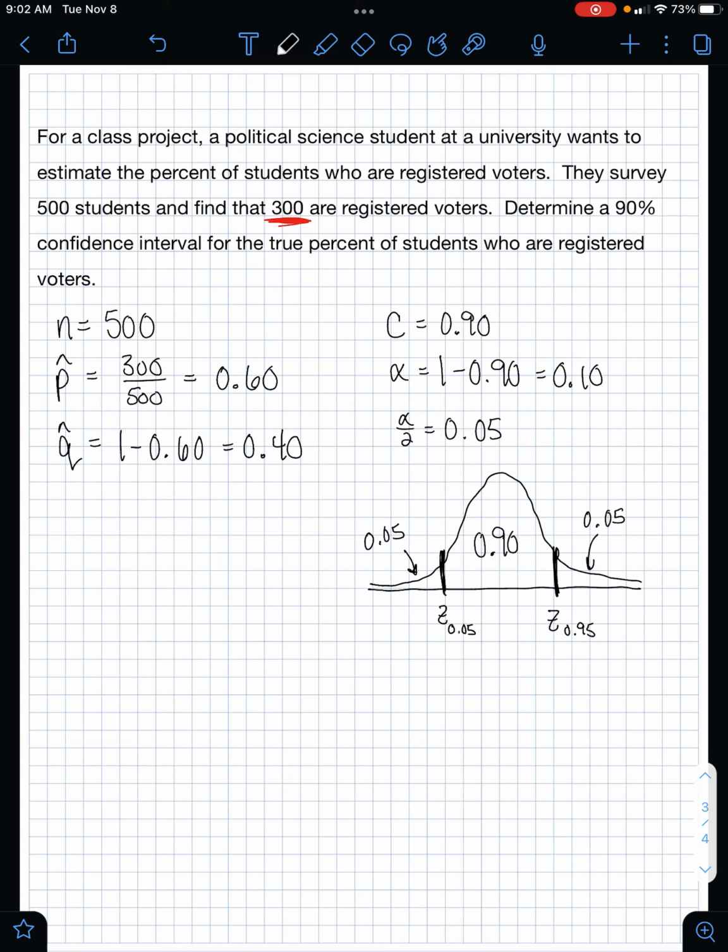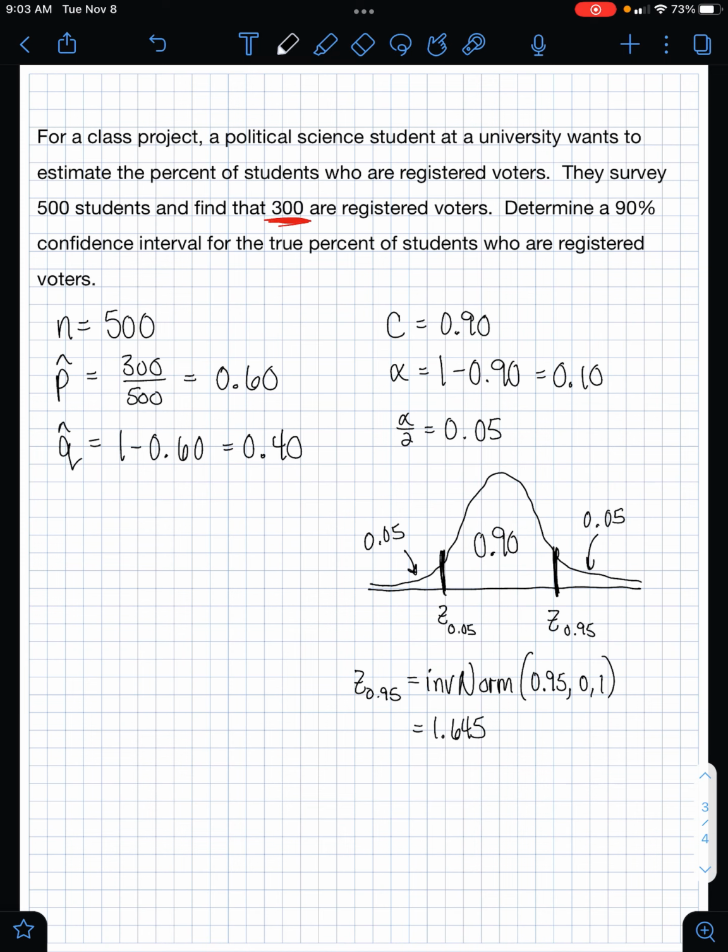We can get that from the calculator or a z-distribution table. We need the inverse normal command, not a t-distribution, with 0.95 area to the left. And that gives us 1.645. 3 decimal places is appropriate.